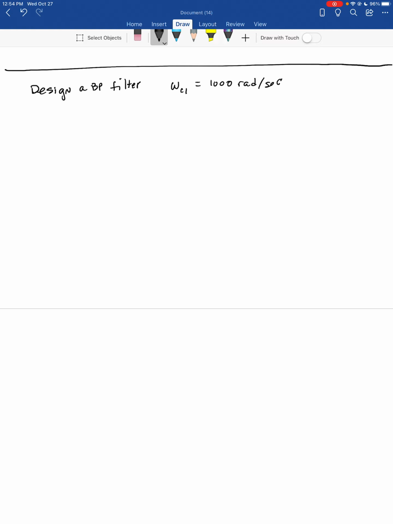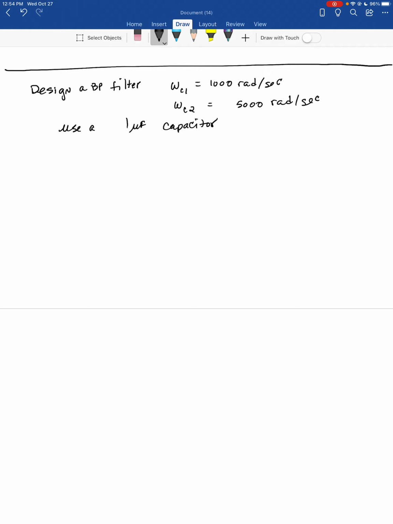We don't have to convert. We want omega C2 to be 5000 radians per second. And we are told to use a 1 microfarad capacitor.